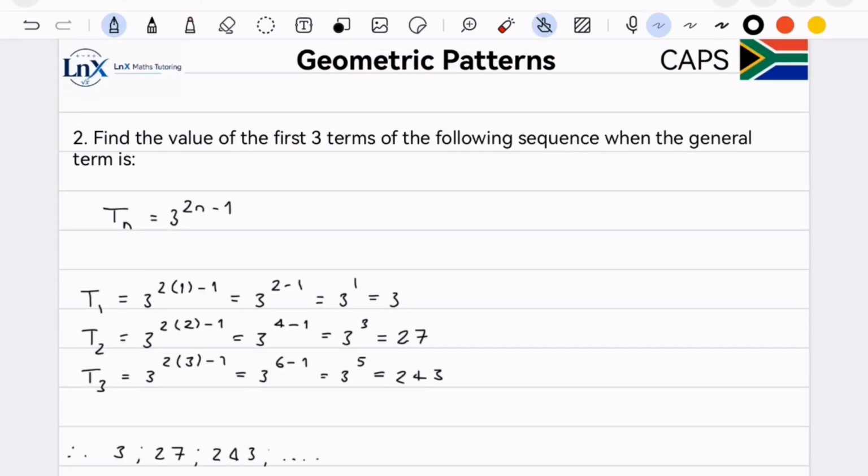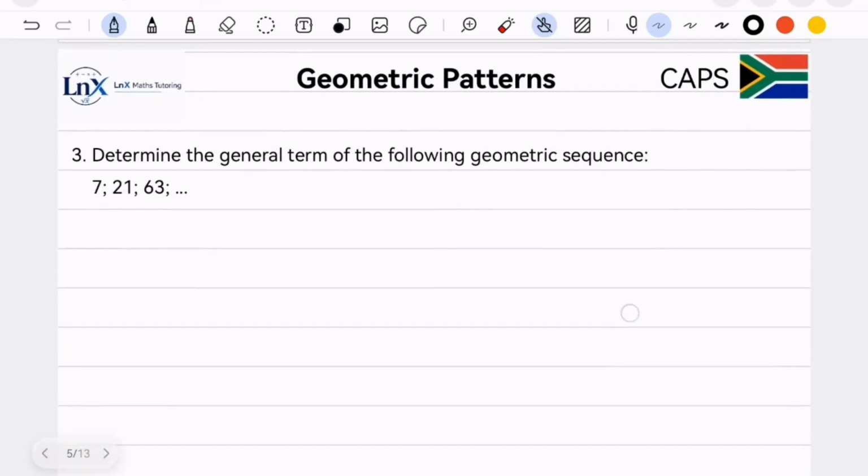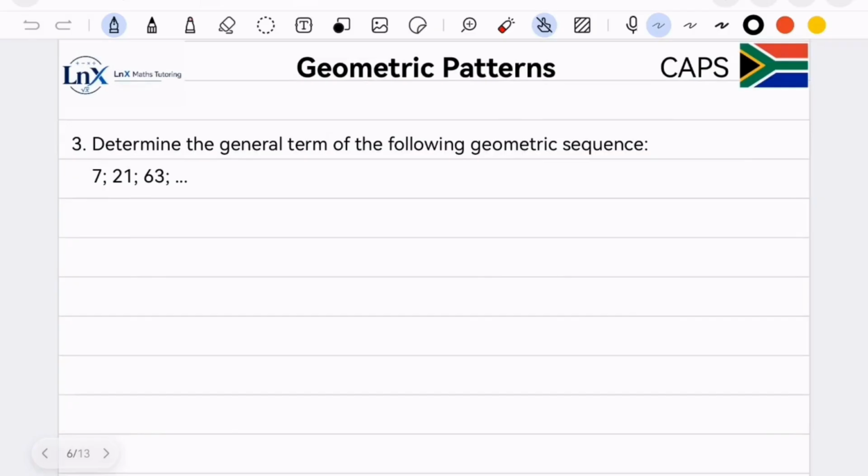All right, now that we're done with question 2, let's go to the next question. Here's question 3. It says, determine the general term of the following geometric sequence, which is 7, 21, 63, and so on. As we know, the general term is Tn equals A times R to the power of n minus 1. First thing, we need to get the first term.